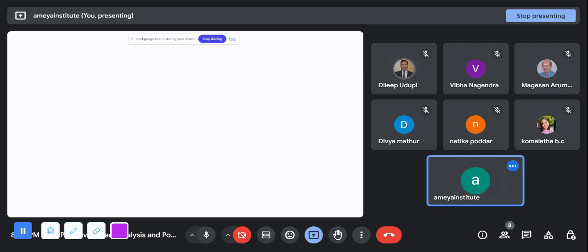Now, further continuation of this. After I buy back those 100 shares for 1 lakh rupees, now I will return them. How many shares? 100 shares at $1,000 each.